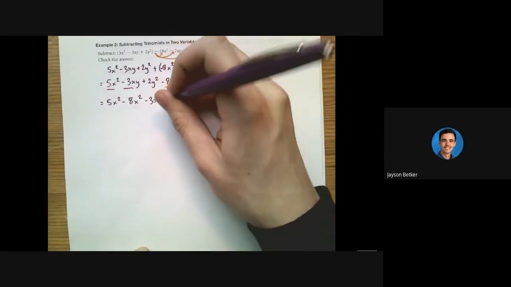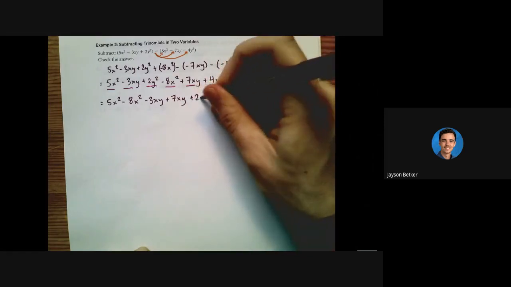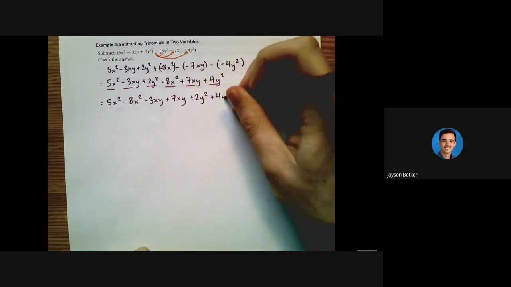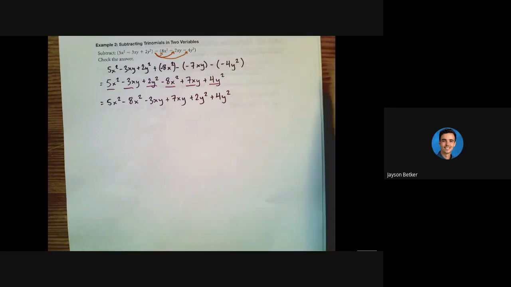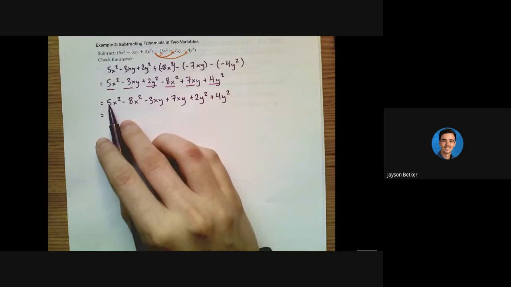And then our y squareds. Plus 2y squared plus 4y squared. So now we've combined all of our like terms. Let's do our simple addition now, or subtraction, whatever it might be.